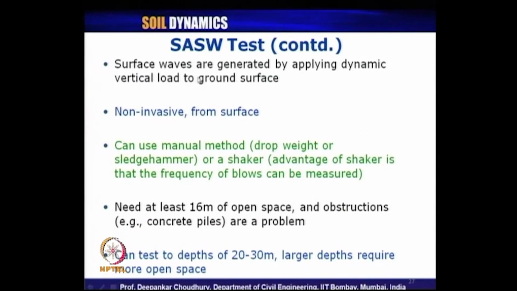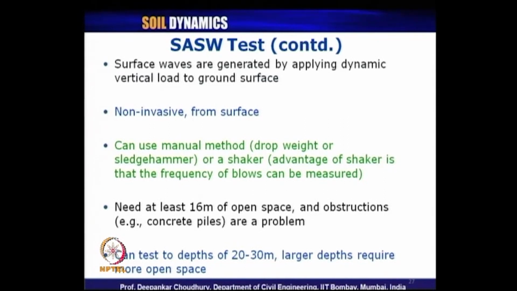Now, these surface waves are generated by applying dynamic vertical load to the ground surface, as we have already seen how the agitation or vibration is created. These tests are non-invasive from the surface and can use a manual method, that is, you do not necessarily need a hydraulic jack or hydraulic machine to create the vibration.